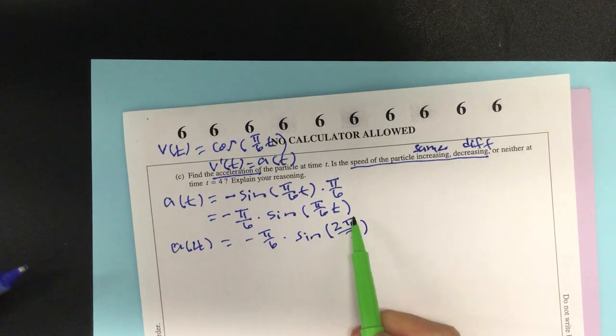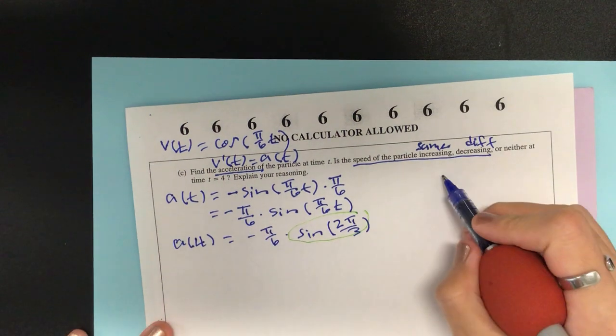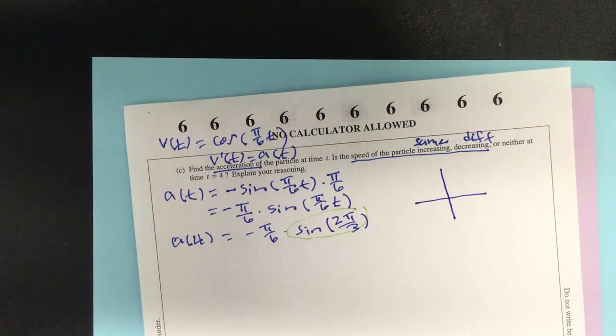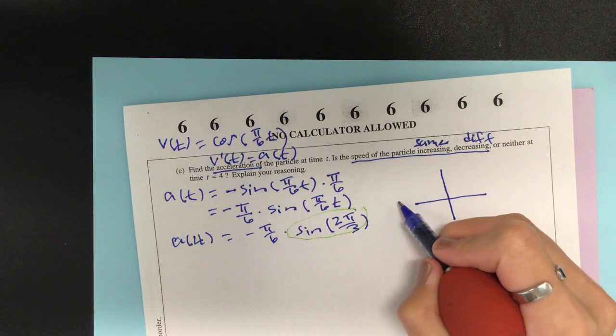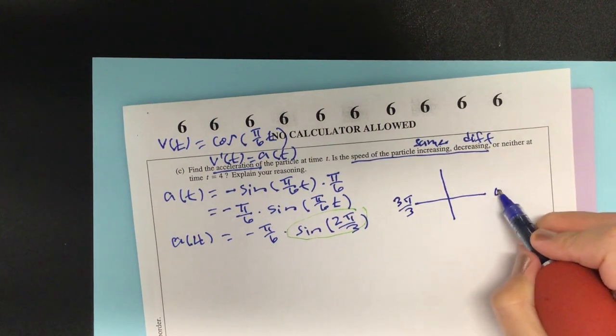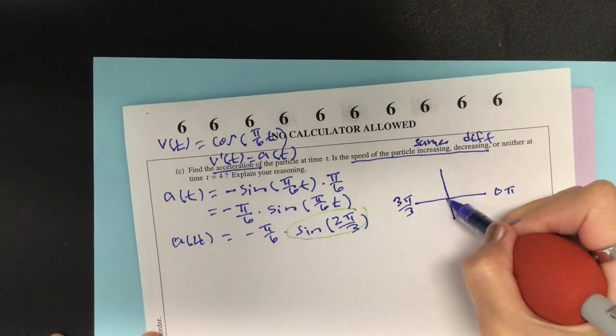So now I want to focus on this guy over here using pre-cal. So we know 2 pi over 3. Does that land on quad 1, 2, 3, or 4? If I tell you this is 3 pi over 3, and that's 0 pi, it's going to be more in which quadrant? Quad 2.